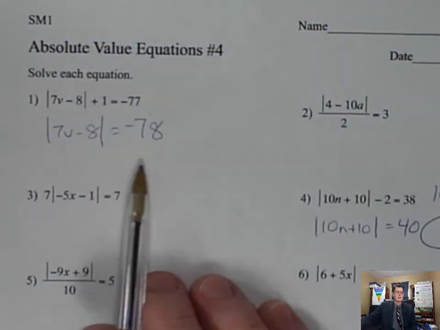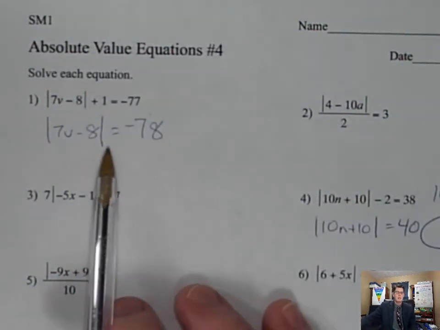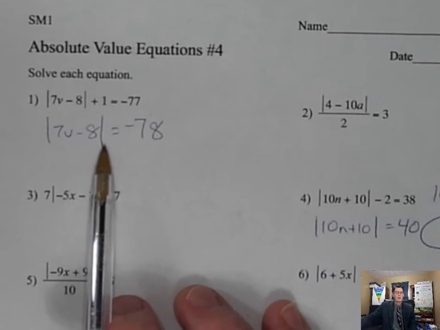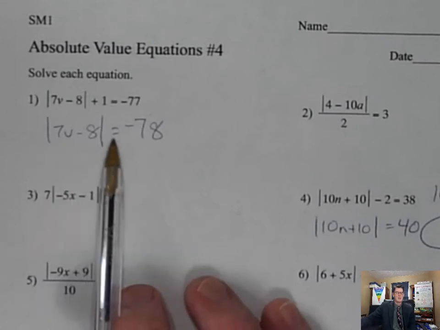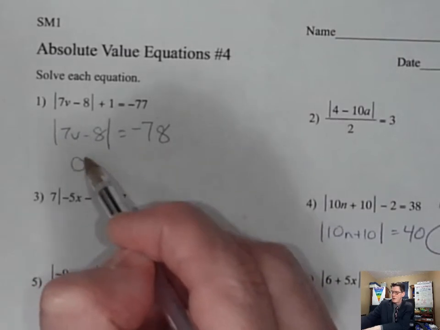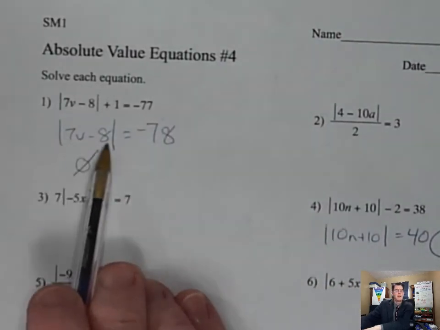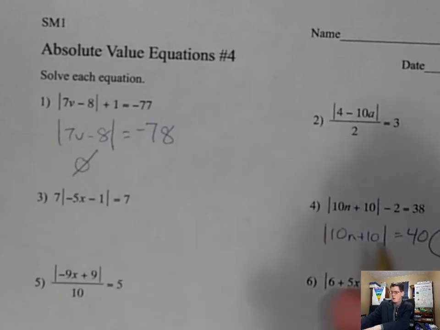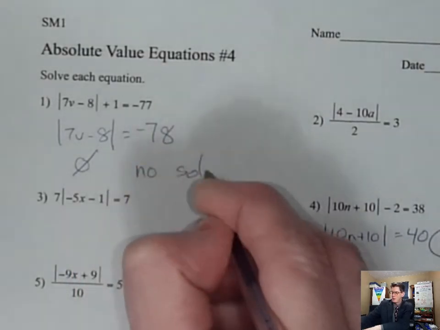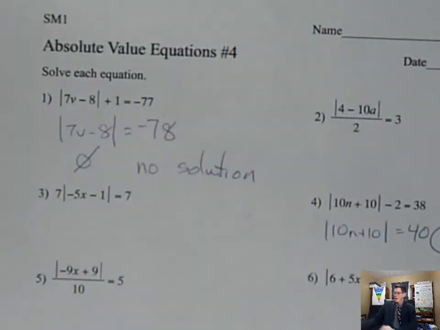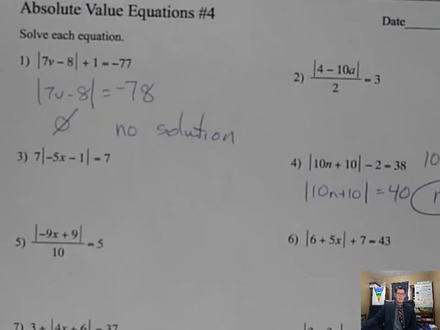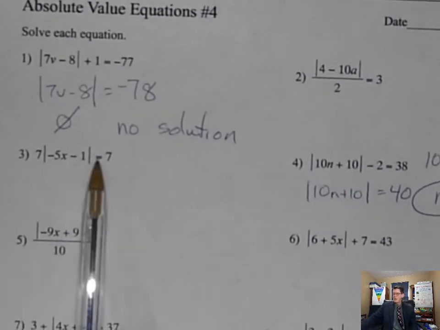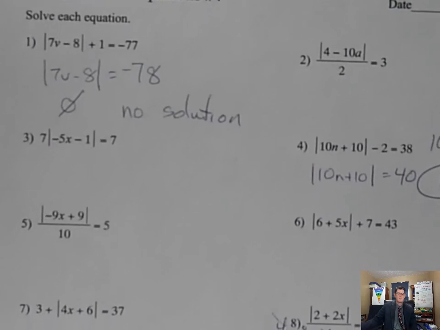You can go through the motions to solve that, but it'd be spending time you don't need to spend. We'll never have the absolute value of something equal to a negative number. There's nothing you can put in place of v there to make all of this a negative number. That absolute value will override it. So there's no solution. All right, let's see, what else can I do? If you divide by 7 over here, you're left with the 1.